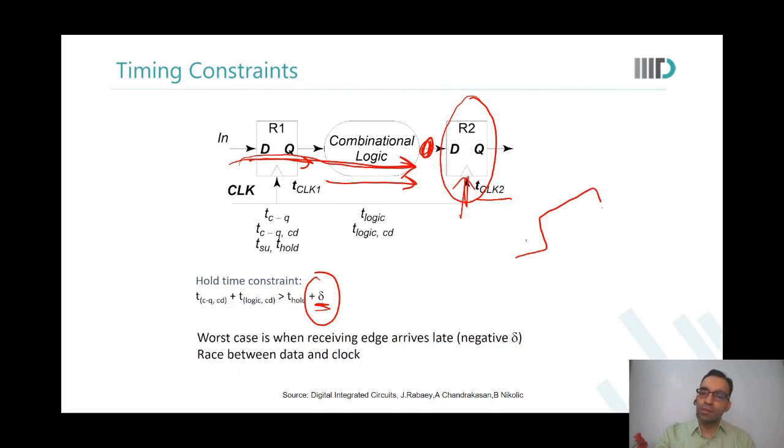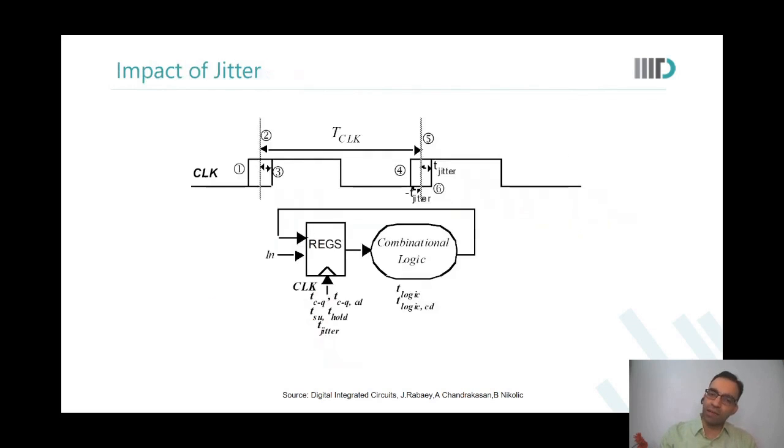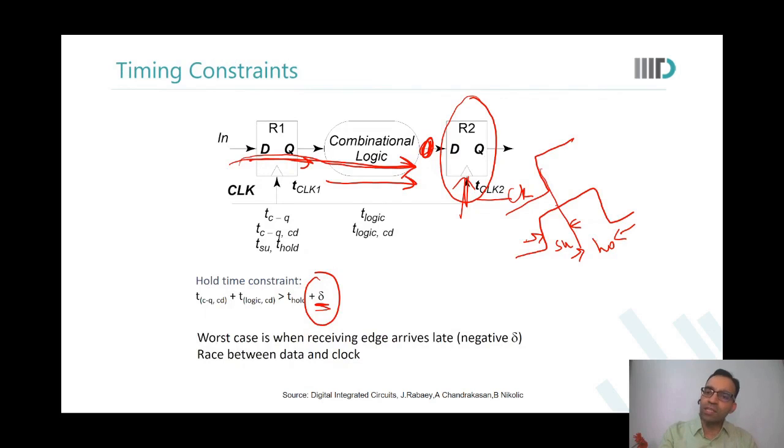That was how we defined the hold time. This was setup time and this was hold time. So we are saying that after the clock edge arrives, even after that, no transition should happen until T hold. So the contamination delays of this and this should be greater than T hold.